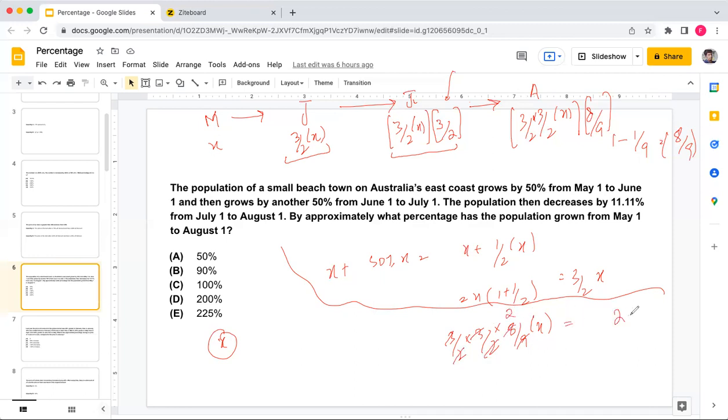So this will be 2x. At start we have X, and in the last month we have 2x. So what is the increase from first month to last month? 100%. Yes. That's why the answer is C.